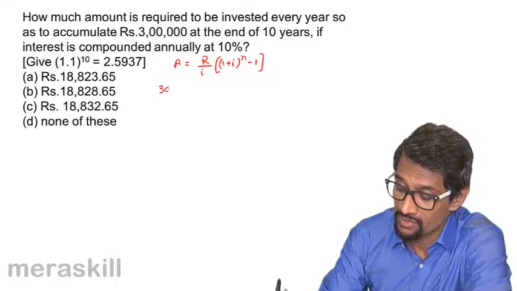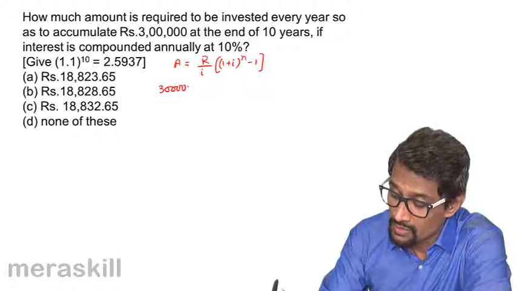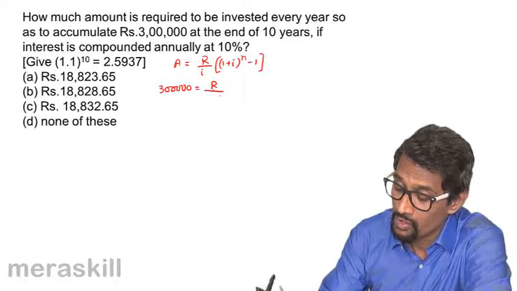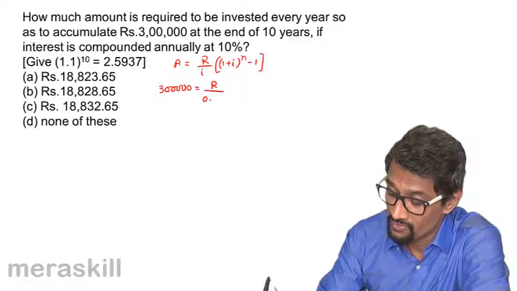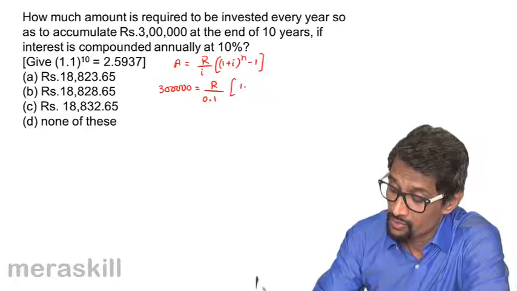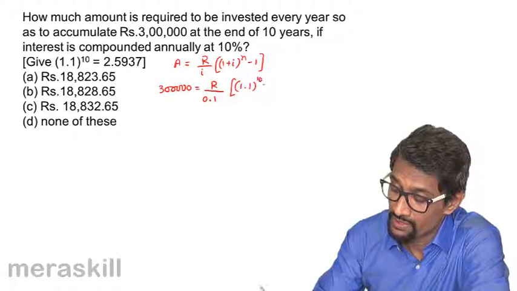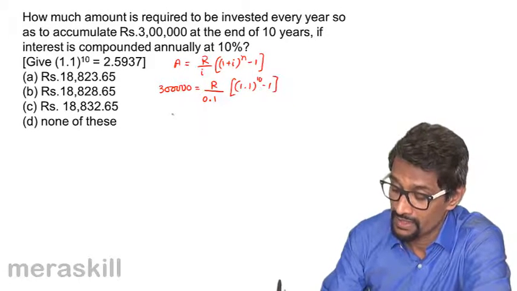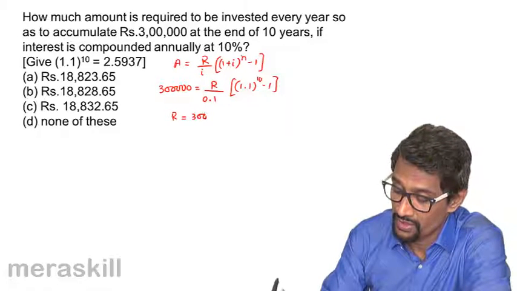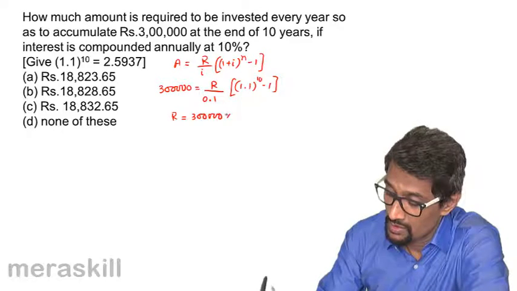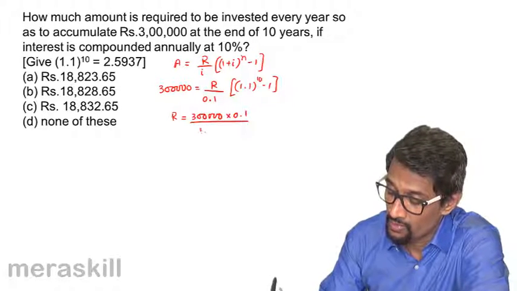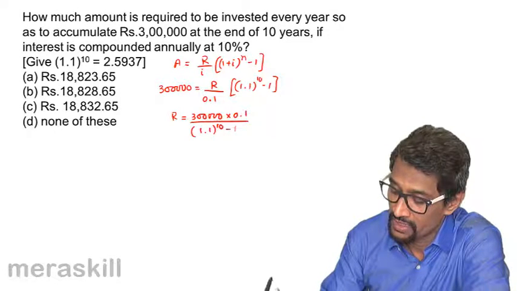So 300,000 is equal to R upon 0.1, which is the rate of interest, into 1.1 raised to 10 minus 1. Ultimately R is going to be 300,000 into 0.1 upon 1.1 raised to 10 minus 1.